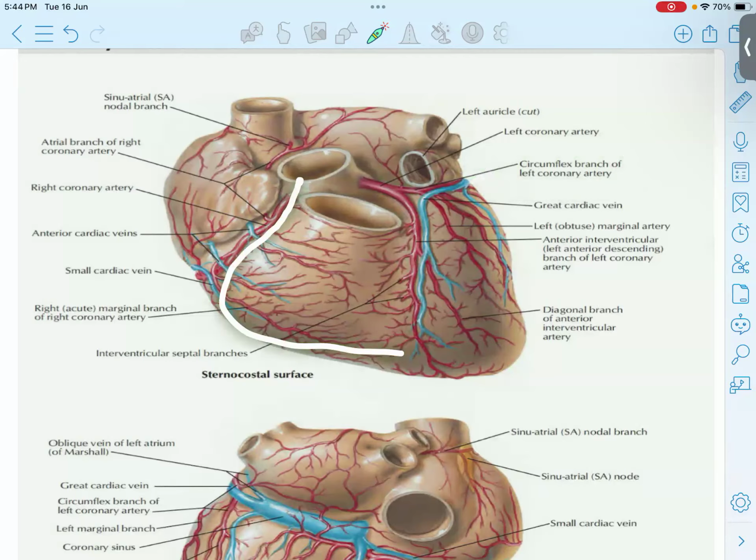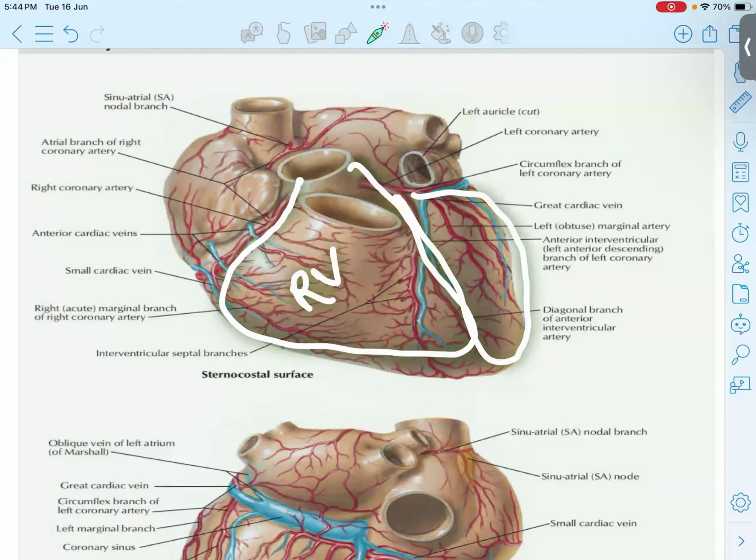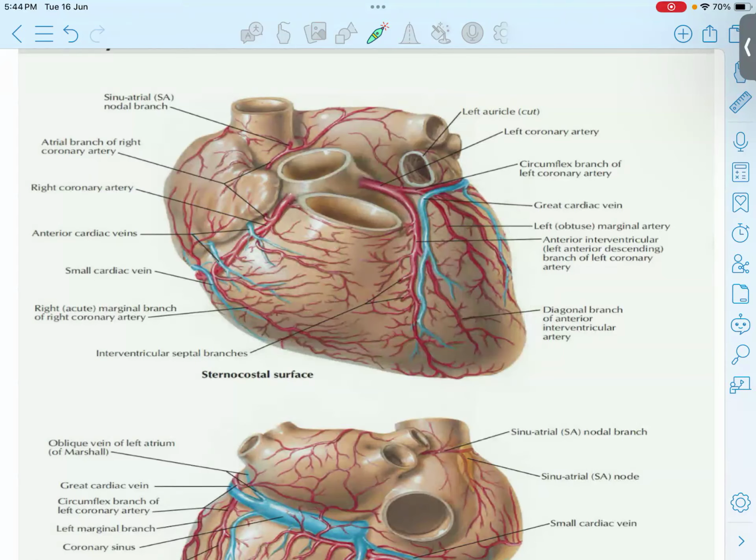This pot-like structure is the right ventricle and beside this is the left ventricle. So between these 2 ventricles you will get the interventricular branch of left coronary artery, which on the anterior view is the anterior interventricular branch of left coronary artery.